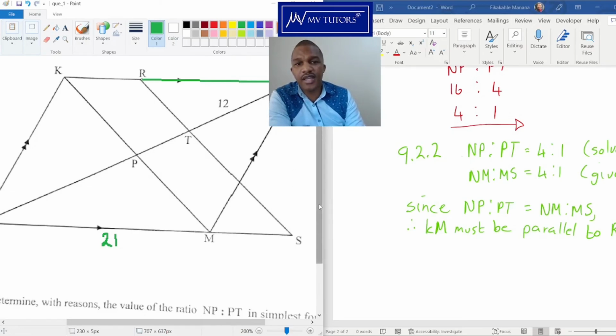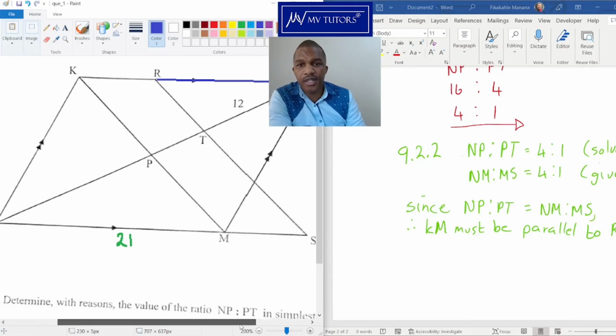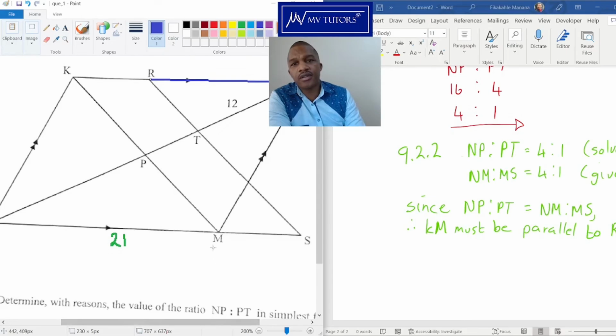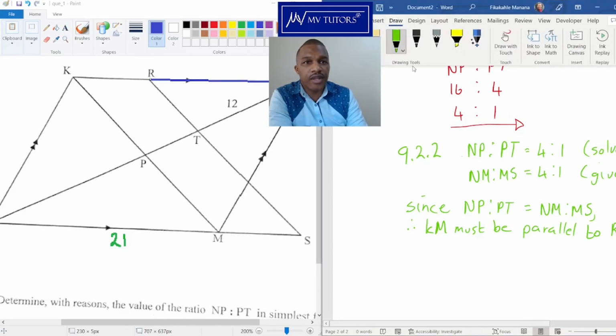If you take a deeper look here at our parallel lines, we know that it's parallel 4:1 down here, but also what else do we know? We actually have equal parts.